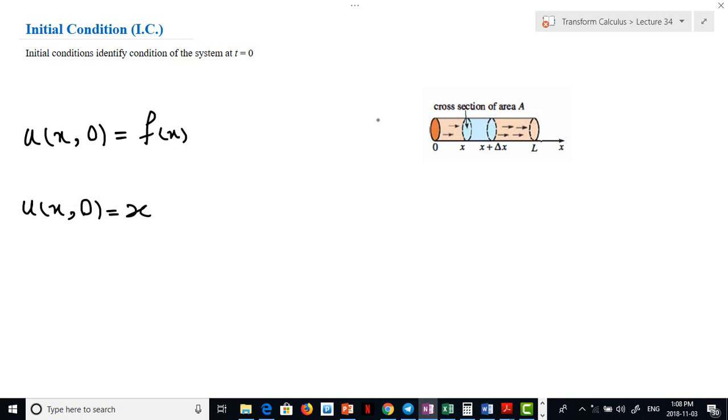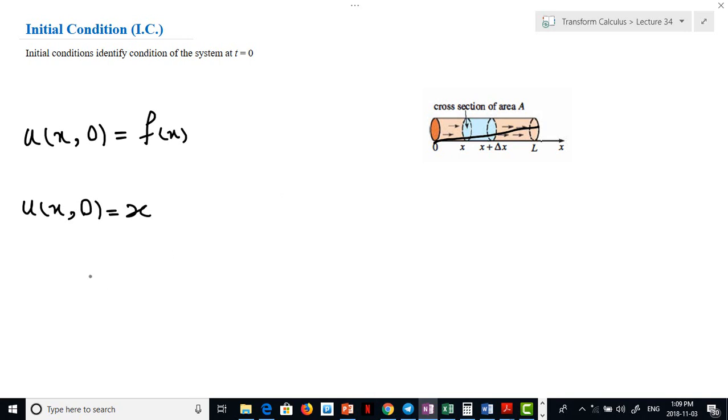So what does it mean? It means that at point x equal to 0, here we have the x-axis, the temperature is 0. When you go further, the temperature changes linearly, for example like this. So in fact we are talking about the condition of the system at t equal to 0.